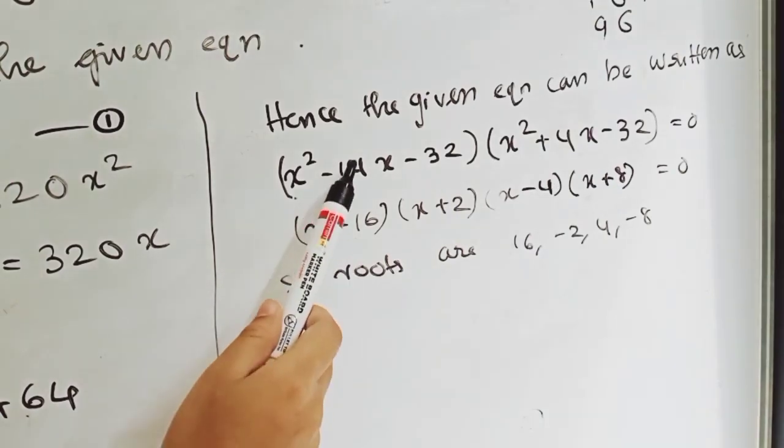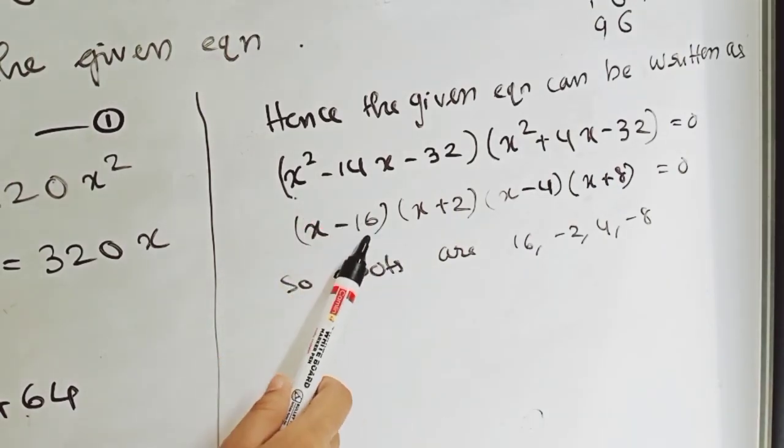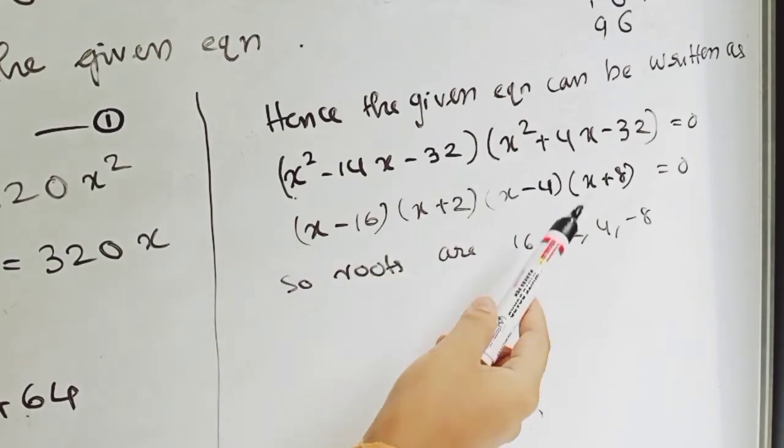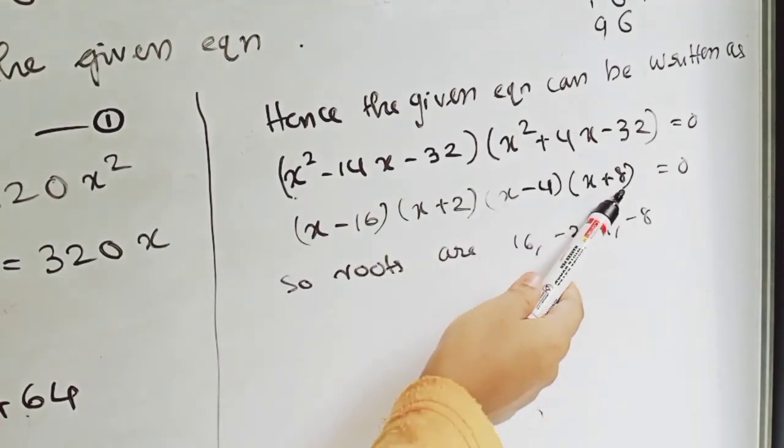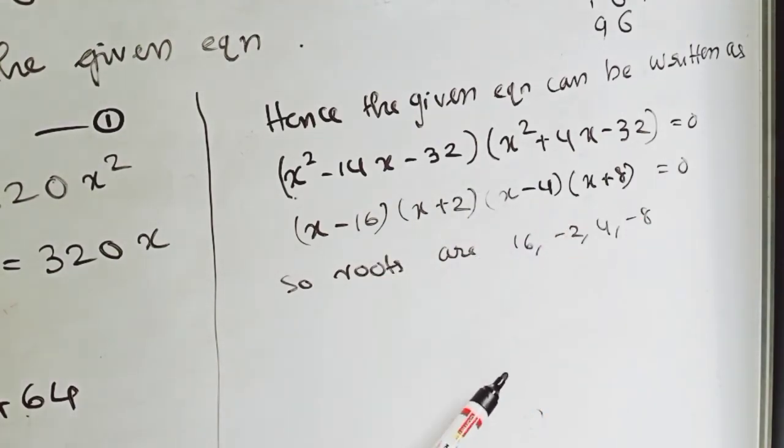This can be easily solved, that is x minus 16, x plus 2, then x minus 4 and x plus 8. So the roots are 16, minus 2, 4, minus 8.